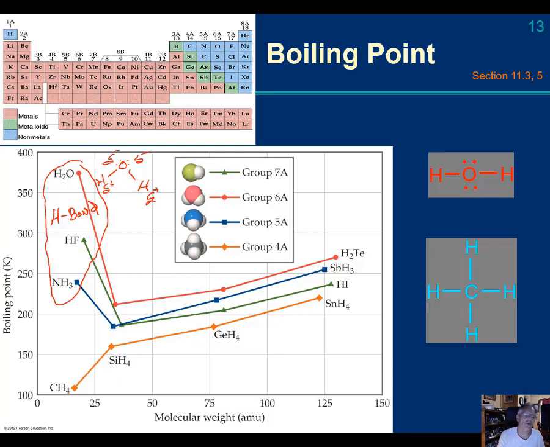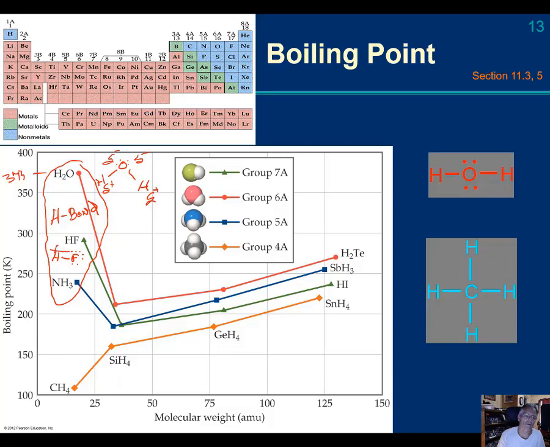It's just a really good hydrogen bonding molecule. And so it has a high boiling point at 373 kelvins, in spite of the fact that it only has 18 grams per mole for its molar mass. And now HF, it is a linear molecule like this. Fluorine is very electronegative.